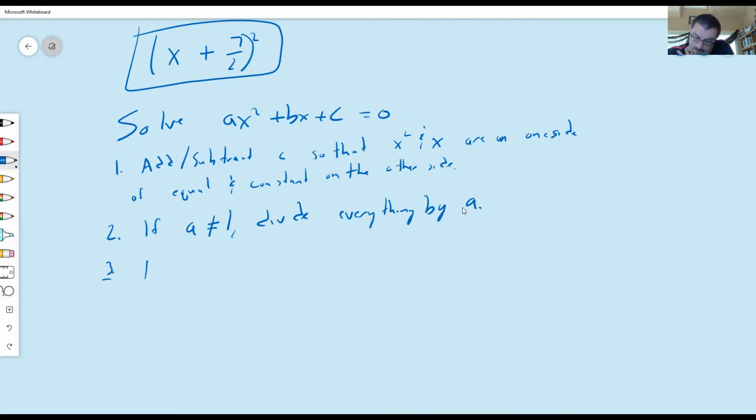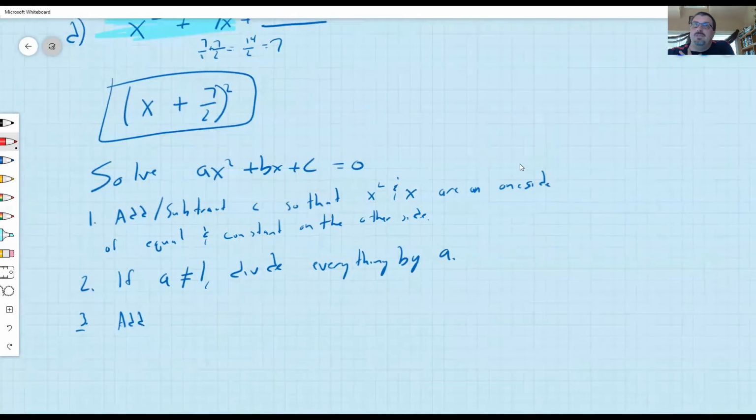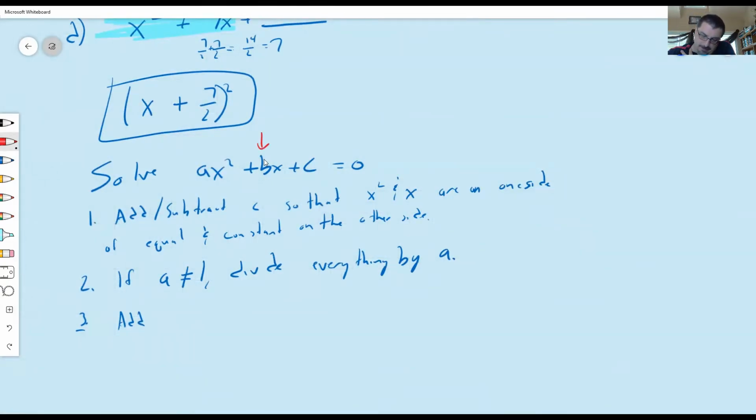Step 3. In order to complete the square, what did we do? We took this middle term here and here, and we divided it by 2. So for us, the middle term is b.